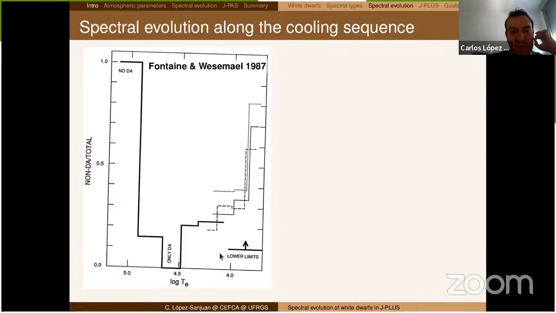So when we made this plot, in the late 80s of the past century, we found that non-DAs are basically 100% at the very beginning of the white dwarfs. Then as they cool down, basically we go to only DAs. This is because at the beginning there is a very turbulent atmosphere, but as time goes by, the heaviest elements go to the center, and we end up with this stratification.